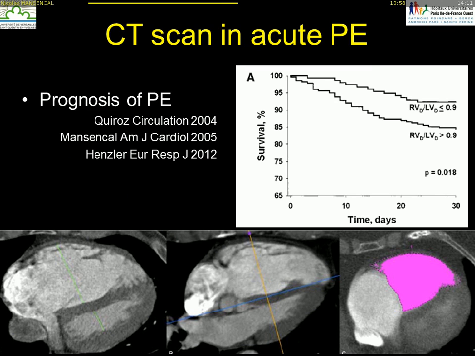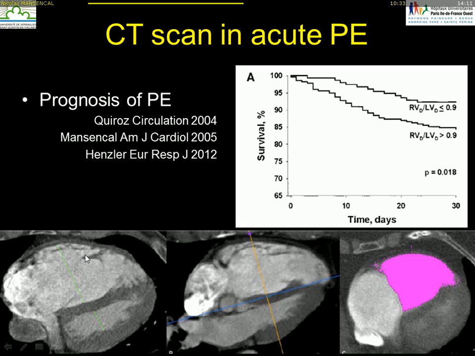Also, you can assess the prognosis of our patients presenting with PE. In case of right ventricular dilation by CT, the prognosis of our patients is worse as compared to patients presenting with a normal right ventricular size. And the question is, which parameter should we use?